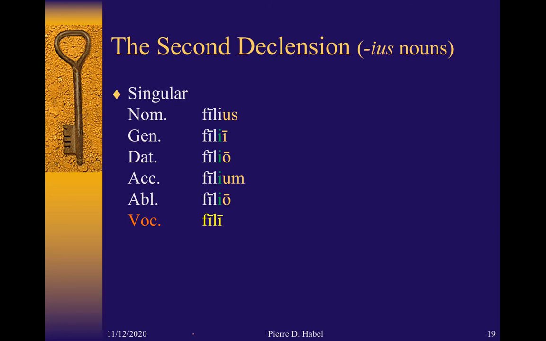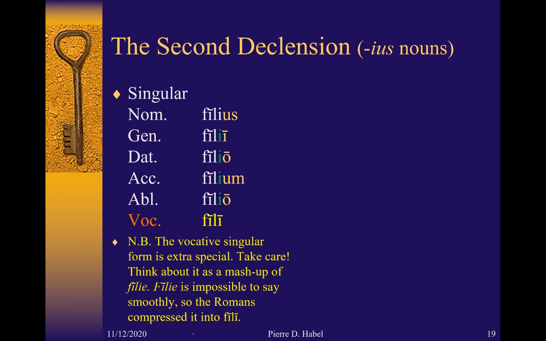And the best example I can throw at you, and I'm going to do it super quickly, is the noun filius, meaning son. However, I would also like to point out that many of you as Latin students chose names that end in IUS: Julius, Octavius, Galerius, Sulpicius, and others.